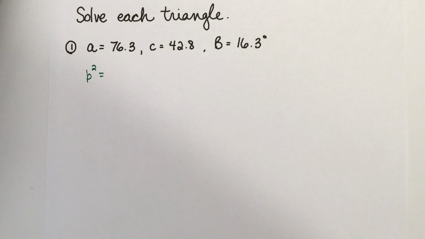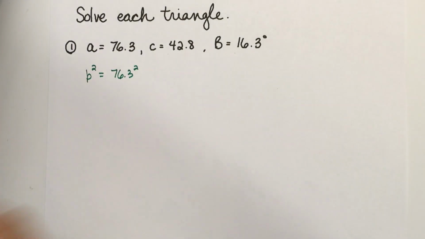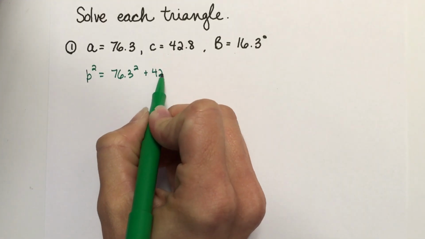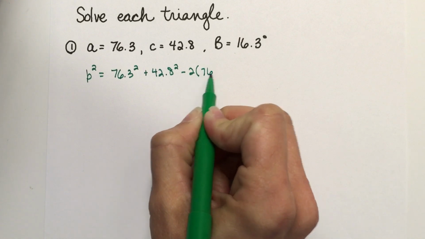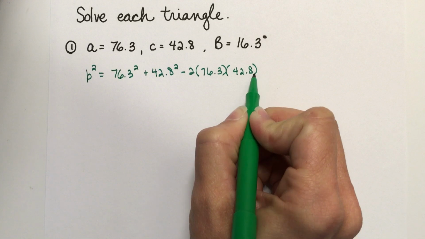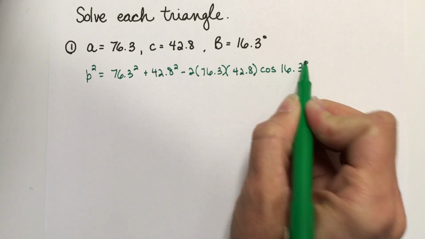So you'll have 76.3 squared plus 42.8 squared minus 2 times 76.3 times 42.8 times cosine of 16.3.